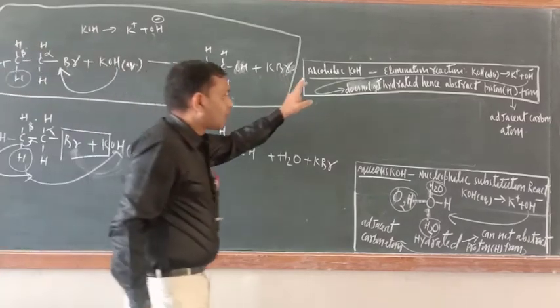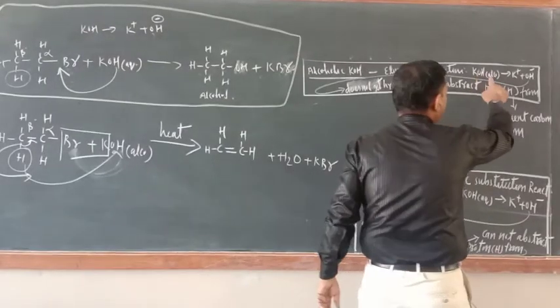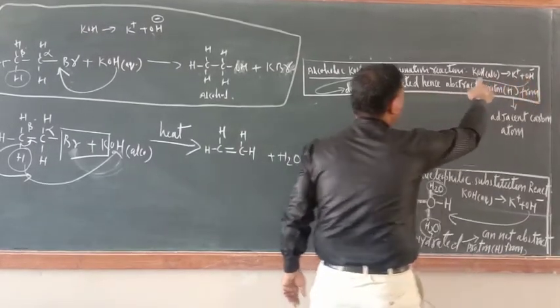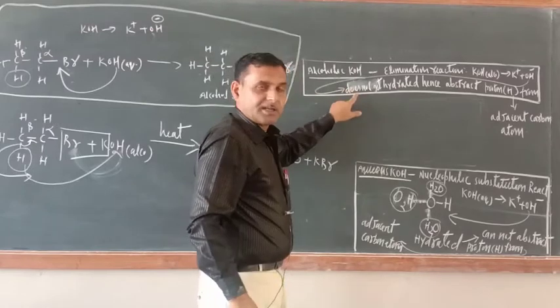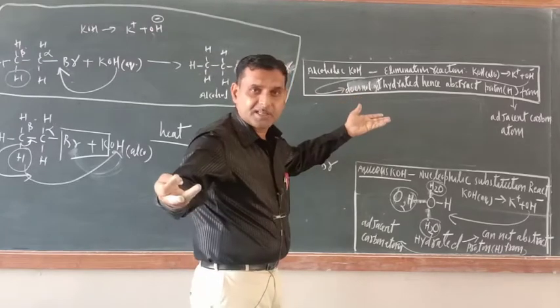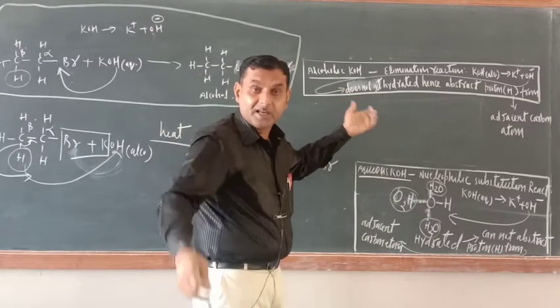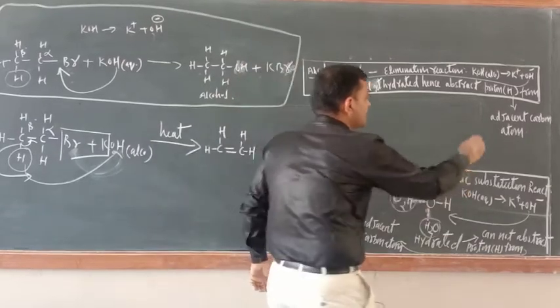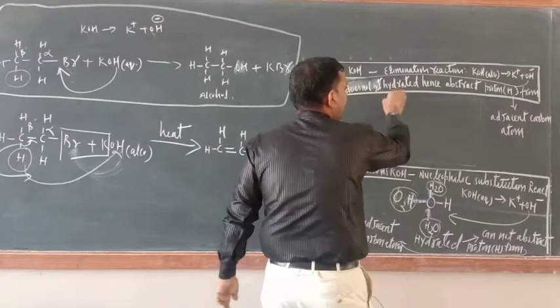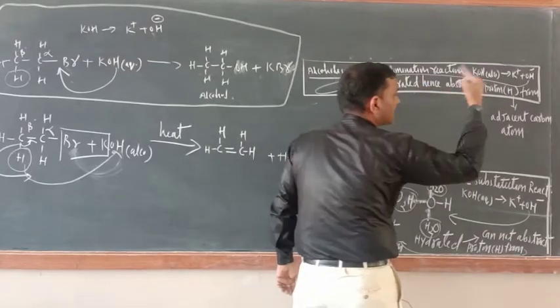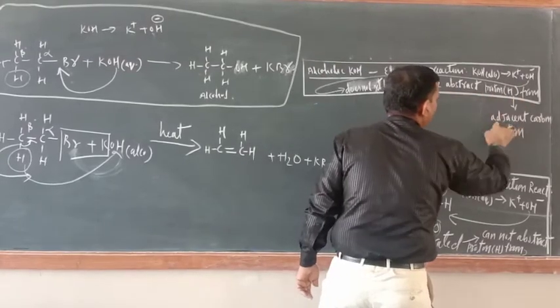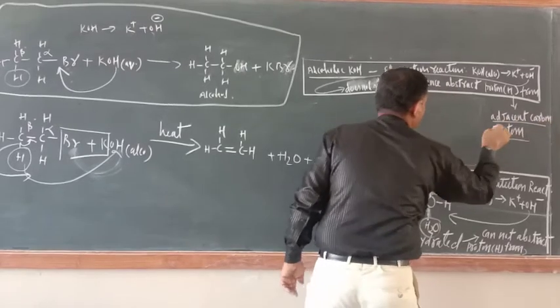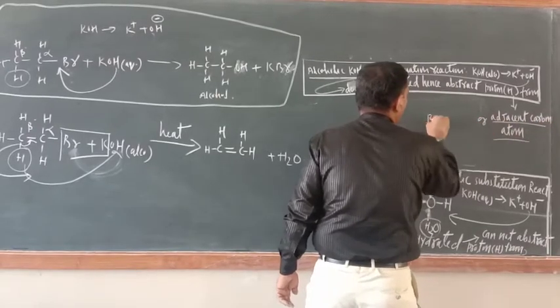It is K positive and OH negative, and this does not get hydrated because water is not there. Aqueous means watery; here alcohol is there, water is not there. So this OH does not get hydrated, hence it is free to abstract one proton from the adjacent carbon atom, the beta carbon atom.